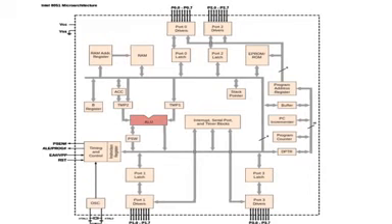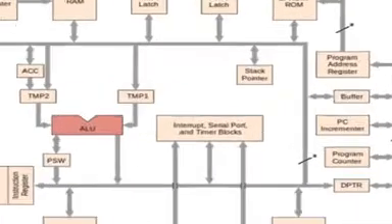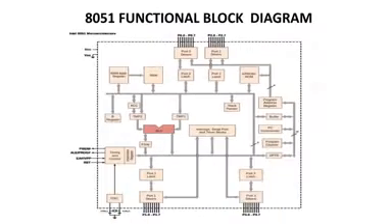Next, here you have our interrupt. Now, interrupt control. An interrupt is a signal sent by some external device or some internal source to a microcontroller, so that it requests the controller to perform a particular task or function.